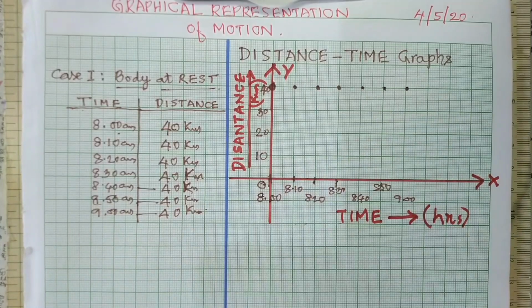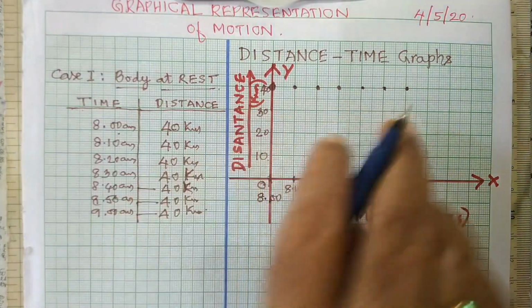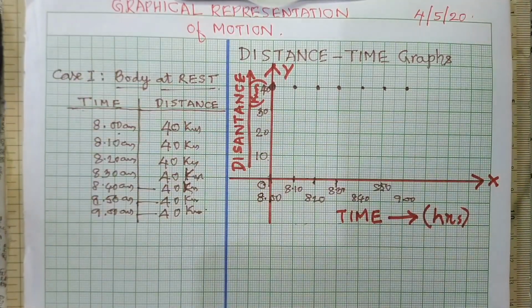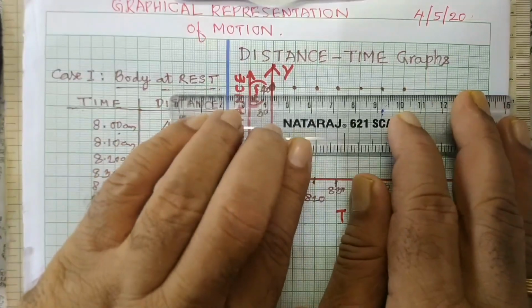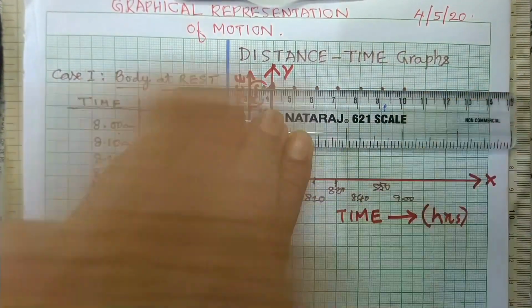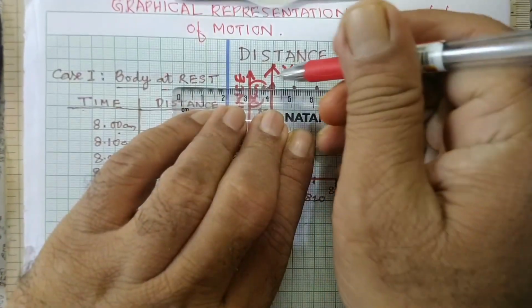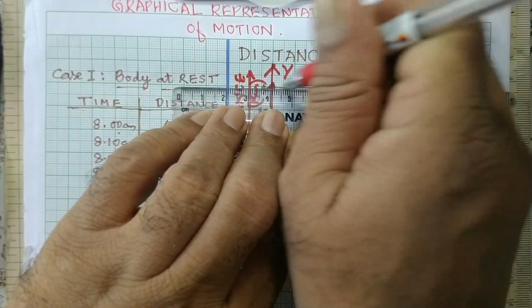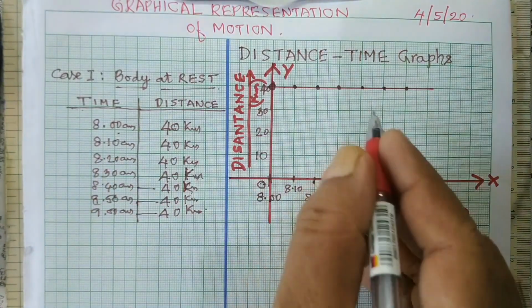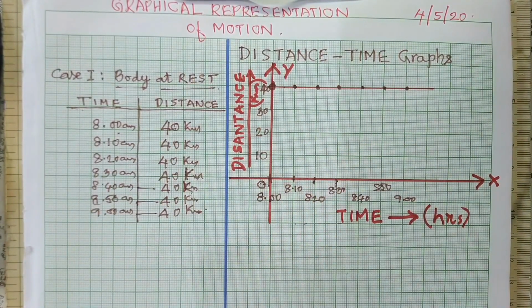If you observe carefully and join the graph points, you will get a straight line like this. This one is parallel to the x-axis.